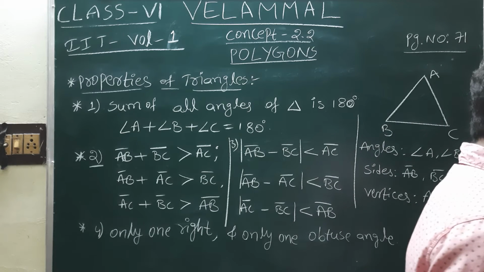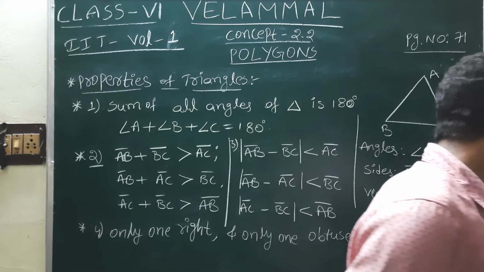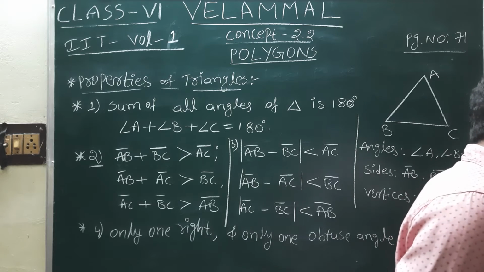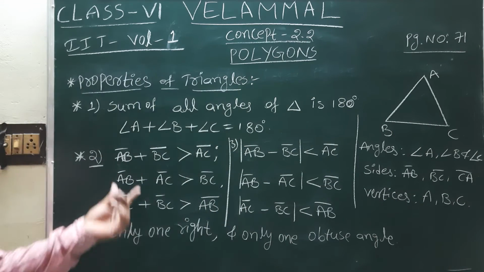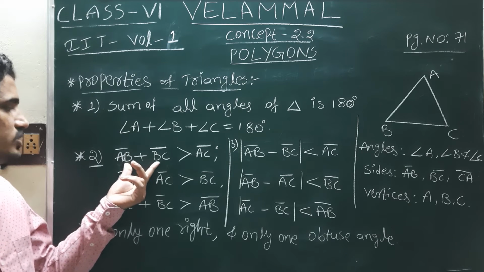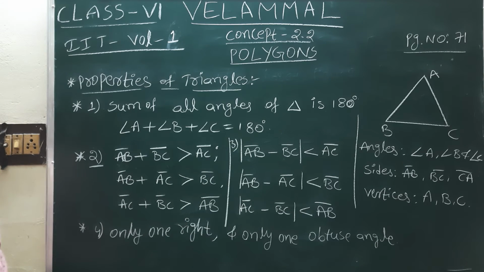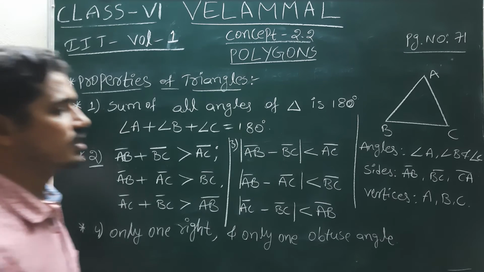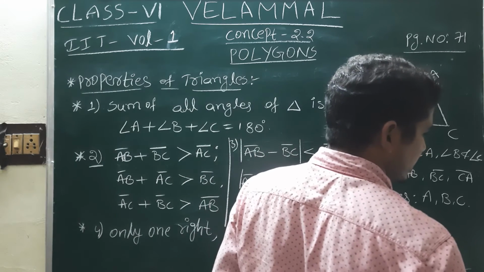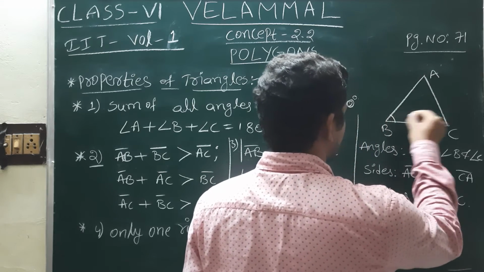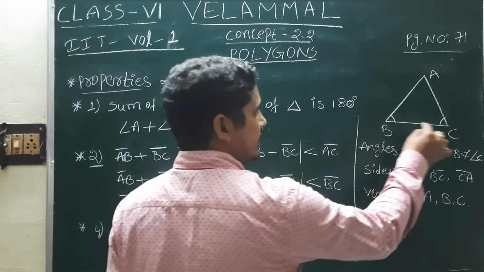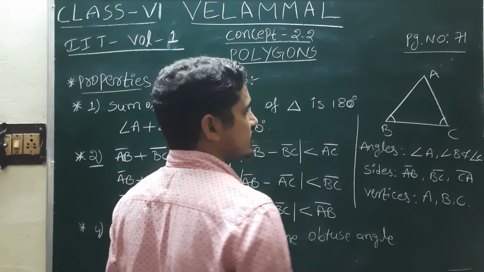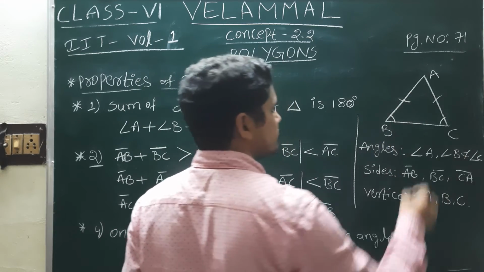If two angles are equal, then the sides opposite to them are equal. If we are taking an isosceles triangle, in the isosceles triangle, if two angles are equal, for example these two angles we are taking as equal, angle B is equal to angle C, then AB must be equal to AC.